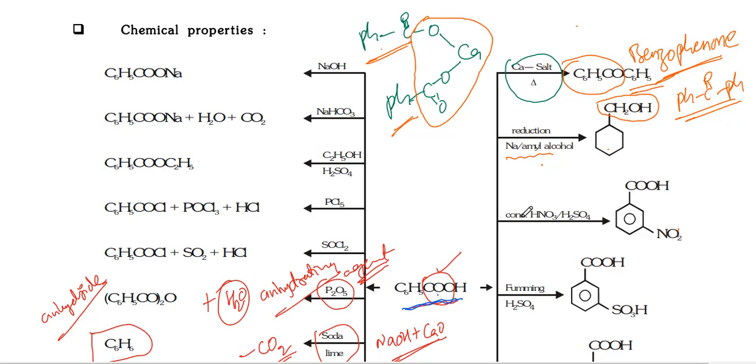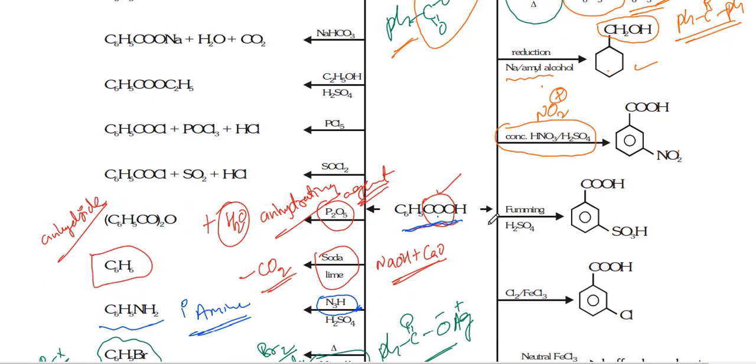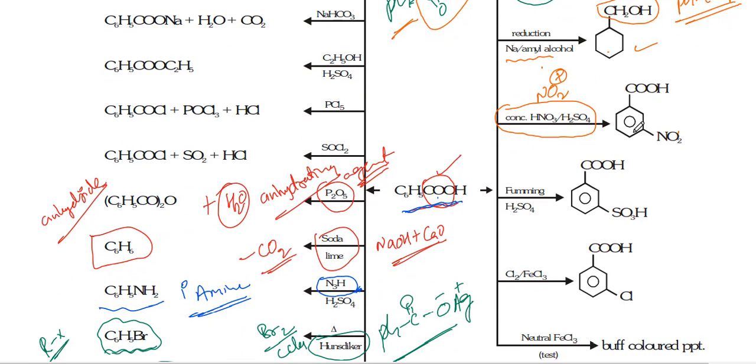Okay, then concentrated HNO3 and H2SO4. What happens here? An electrophile is generated, so it is an electrophilic substitution reaction. Carboxylic acid is a ring deactivating group, that's why it is a meta directing group. The NO2 group attacks at the meta position. Then fuming H2SO4, here also electrophilic.